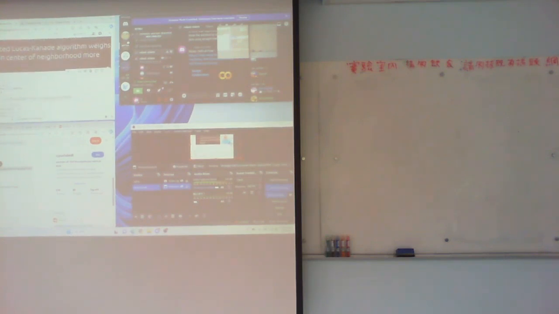And then there's an extension of the Lucas-Kanade algorithm, which weighs pixels in the center of the neighborhood more highly than pixels at the edge.